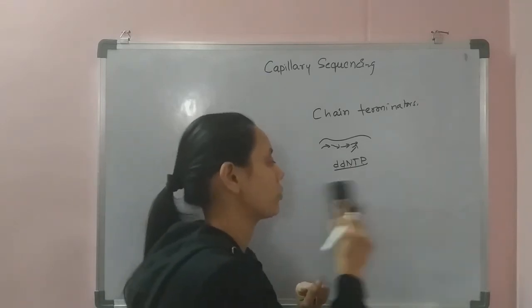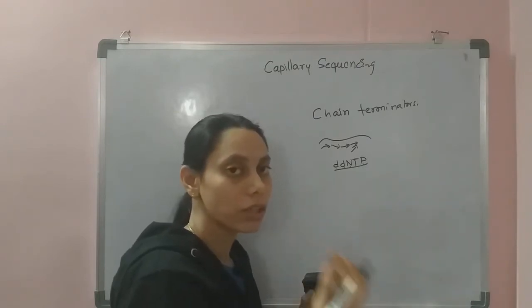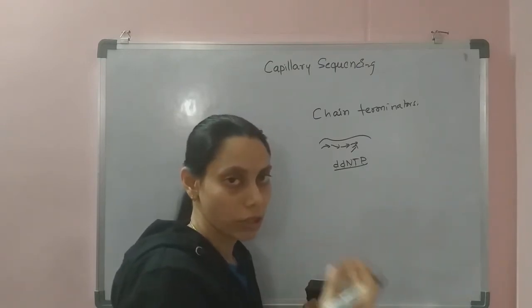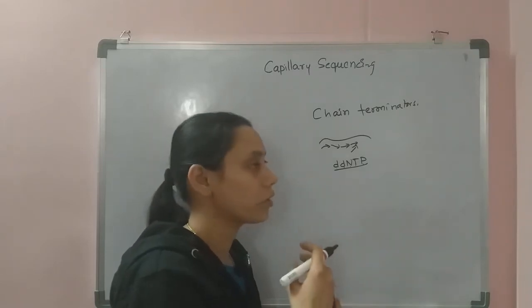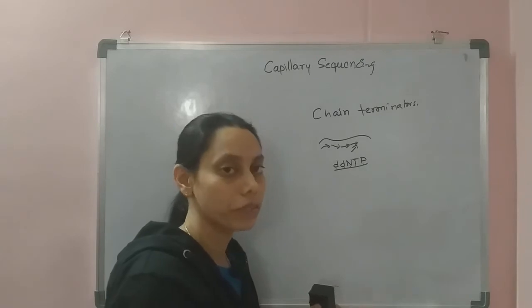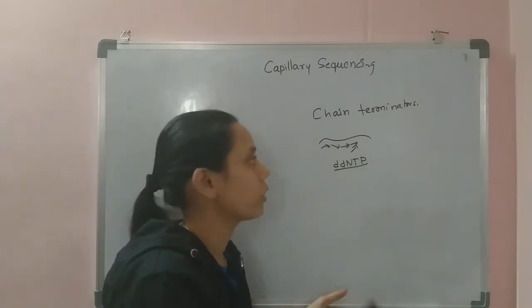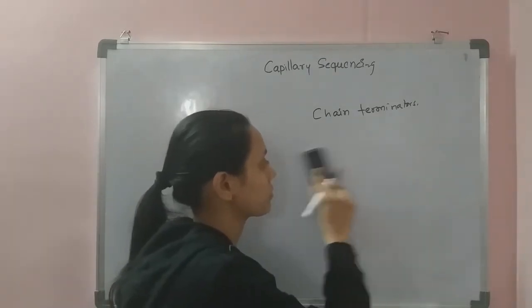Thereby they stop the synthesis. So they can enter the DNA chain, but they cannot allow further synthesis of the new strand. Hence these are called chain terminators.